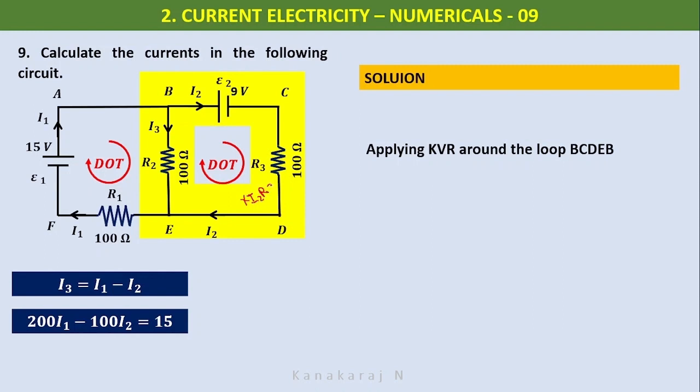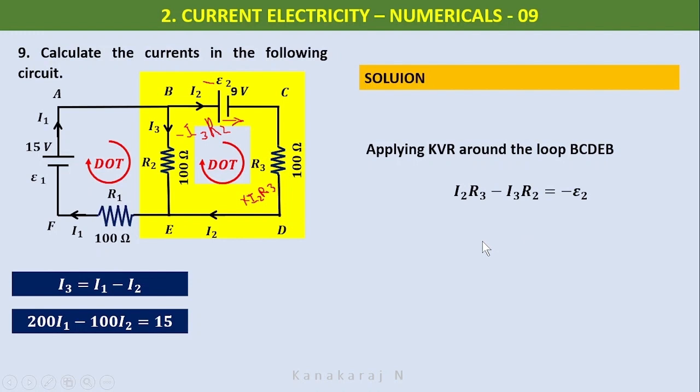The direction of I3 is opposite to the direction of traversal, so we have minus I3 R2. And the direction of traversal is from the positive terminal to the negative terminal in the EMF epsilon 2, so epsilon 2 is negative. Let us write the equation: I2 R3 minus I3 R2 equals minus epsilon 2.